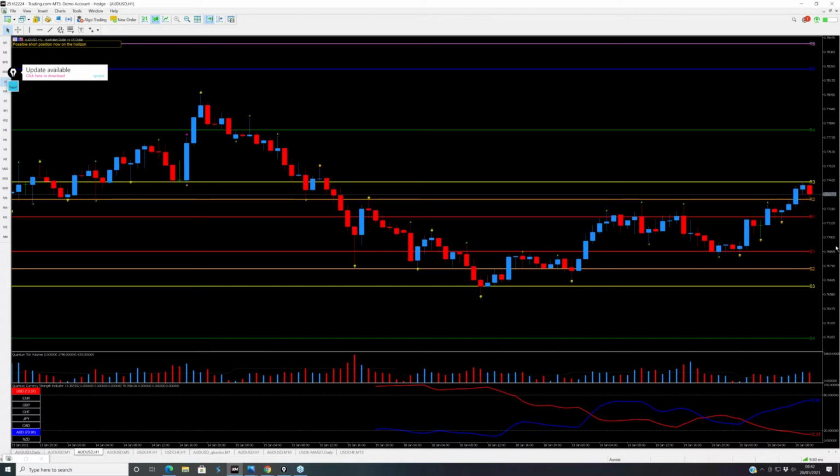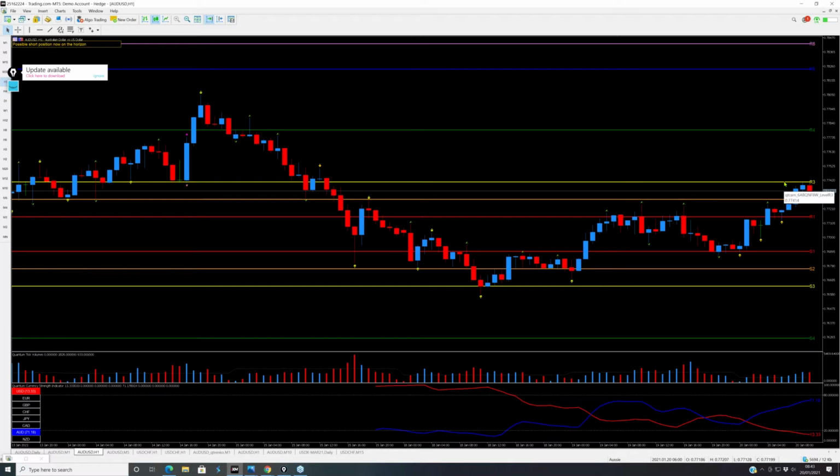So when we looked at the hourly chart, we could see on the matrix that the Aussie dollar was in fact right at the top. And when something is right at the top, we are looking for a potential reversal. Part of the reason it has reversed is because it has hit this level here, the R3, which is a very, very strong level.